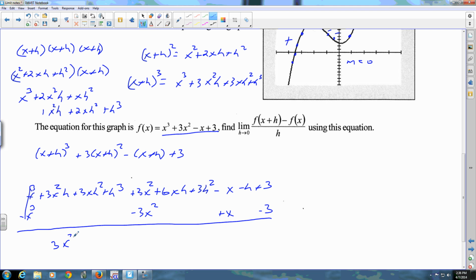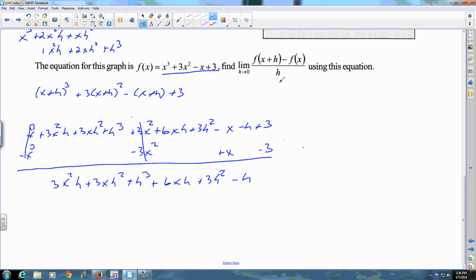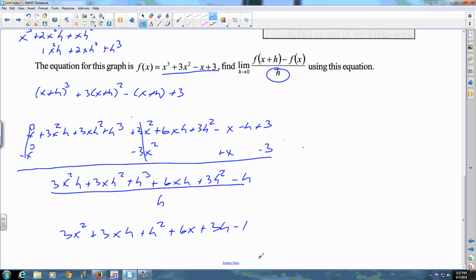So 3x squared h plus 3xh squared plus h cubed plus 6xh plus 3h squared minus h. Okay, now I need to divide it all by h. So I get 3x squared plus 3xh plus h squared plus 6x plus 3h minus 1.